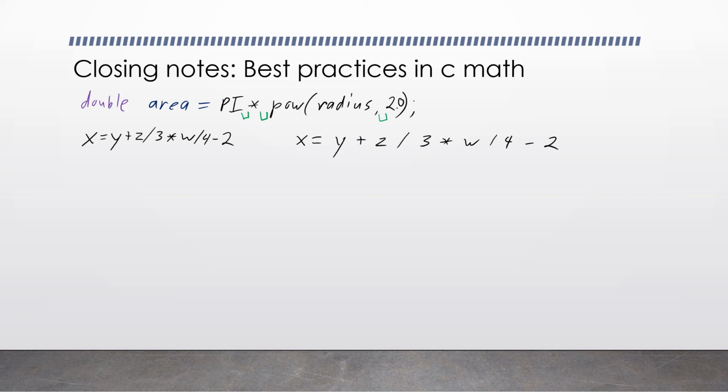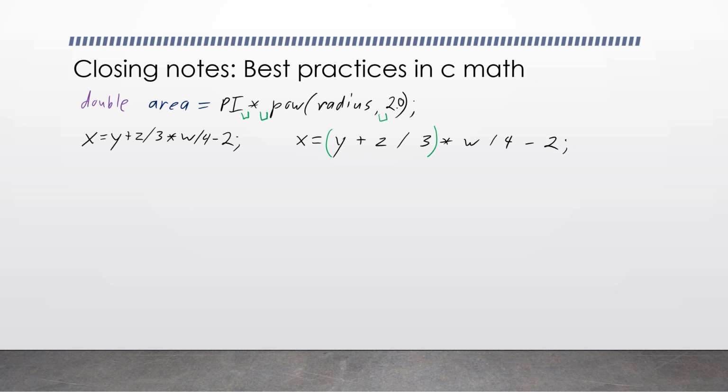Maybe you find, as you examine this, that putting in a parenthesis here is important because you wanted to add y and z over 3 before you multiplied by w. Okay? So spacing things out is a best practice for readability, but it also helps you examine your own code and make sure that you get what you wanted out of it.